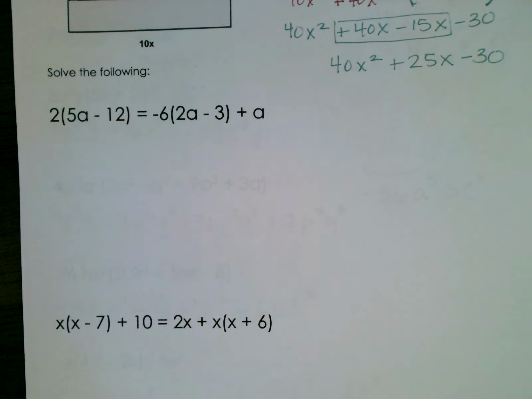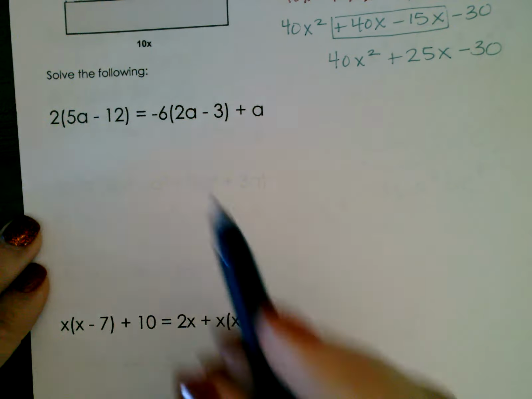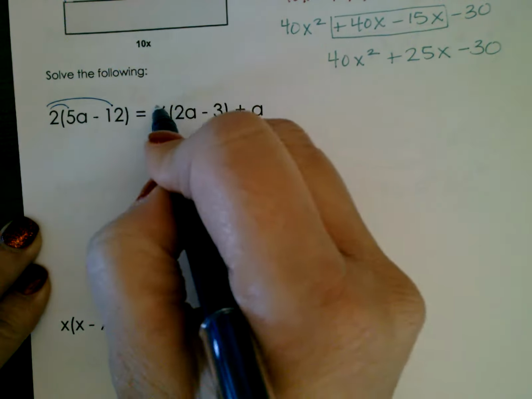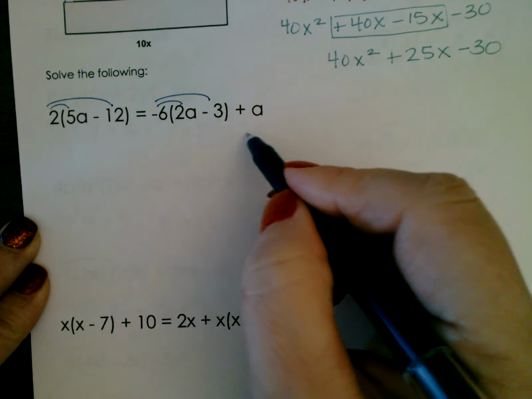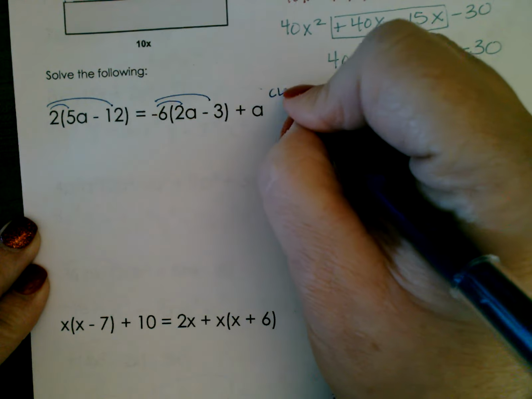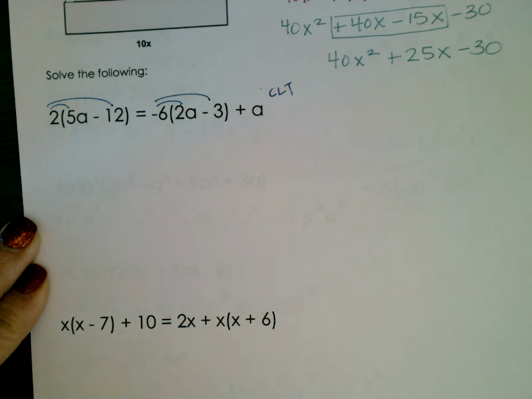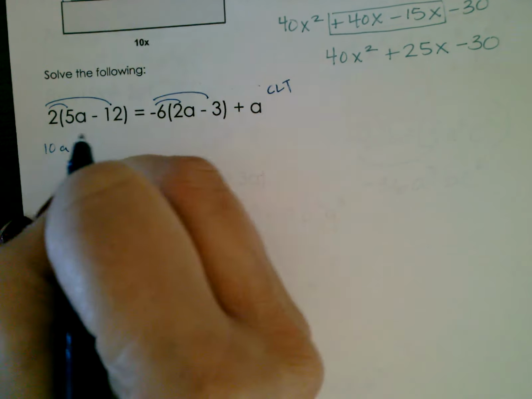Now we're going to actually solve. You've done these problems before back in chapter 3 where we called them two-step equations or complex. We will distribute first, and then I can see on this side of the equal sign, I will then need to combine like terms.